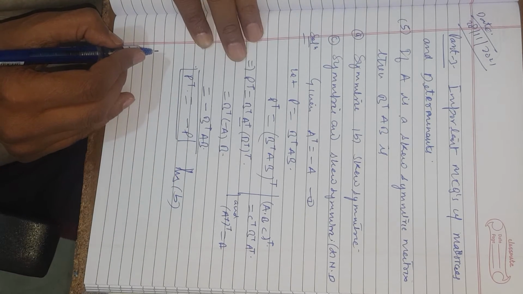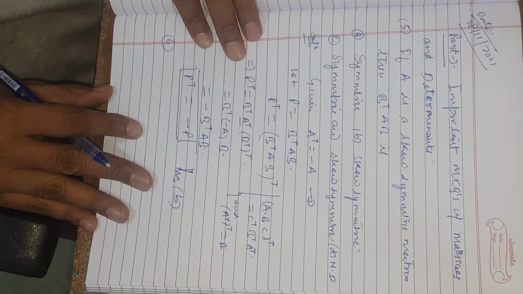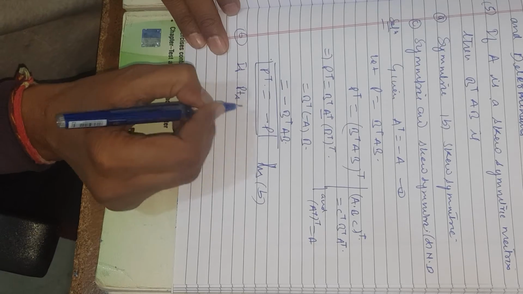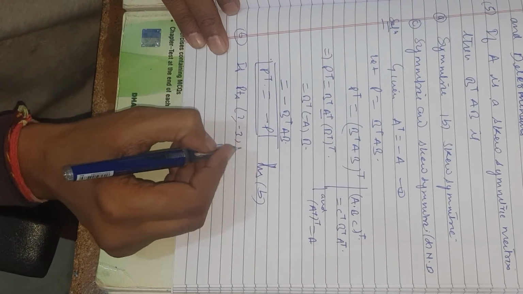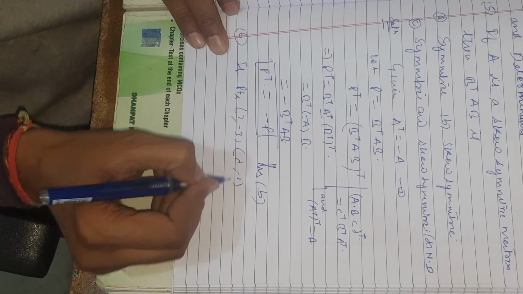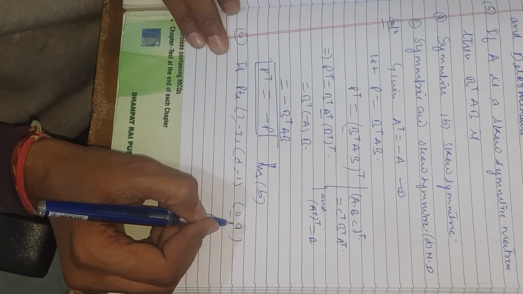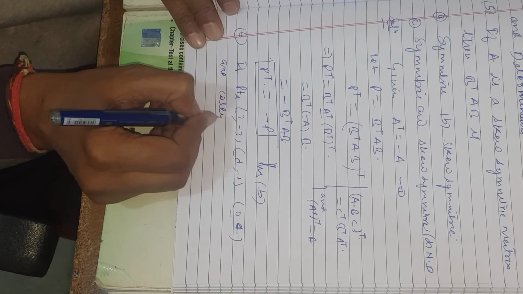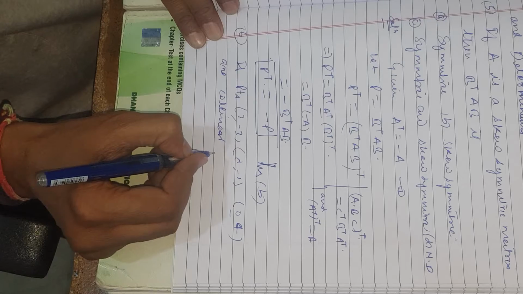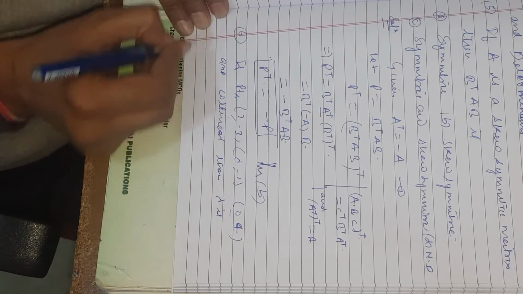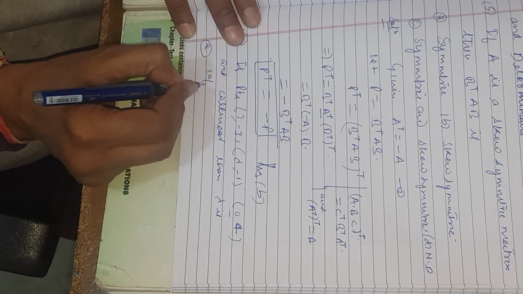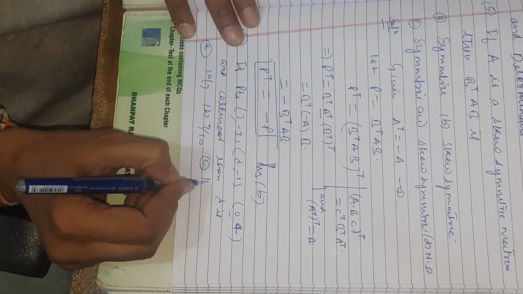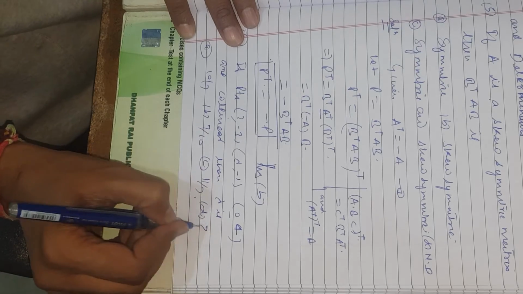Now question number 6. If points (2, minus 3), (lambda, minus 1), and (0, 4) are collinear, then lambda is: option A, 10/7; option B, 7/10; option C, 11/7; option D, 7/11.